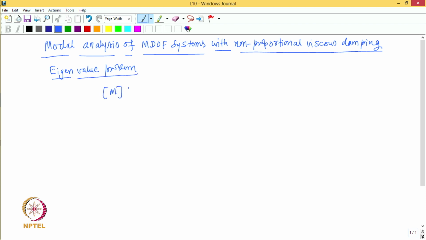So, the equations of motion for a system with non-proportional viscous damping would be M x double dot plus C x dot plus K x is equal to 0, right.